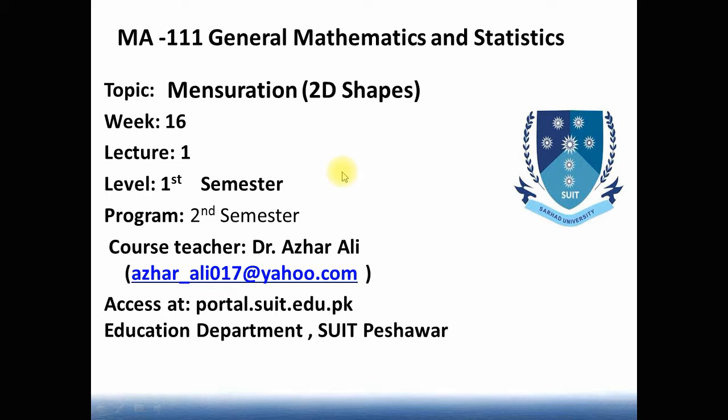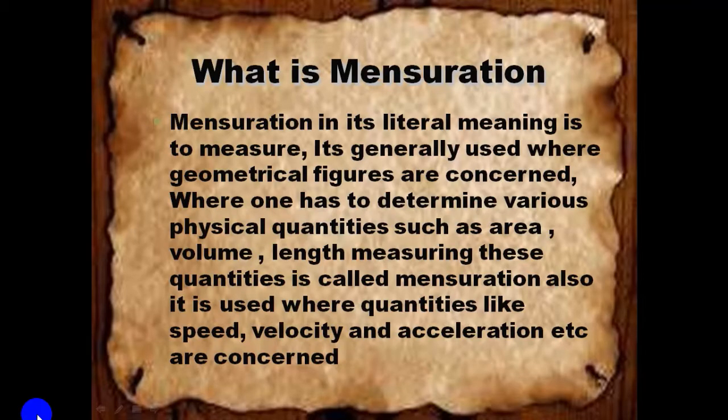In this first video lecture of week 16 for the course General Mathematics and Statistics, today we are going to learn about mensuration for 2D shapes. Its literal meaning is to measure.